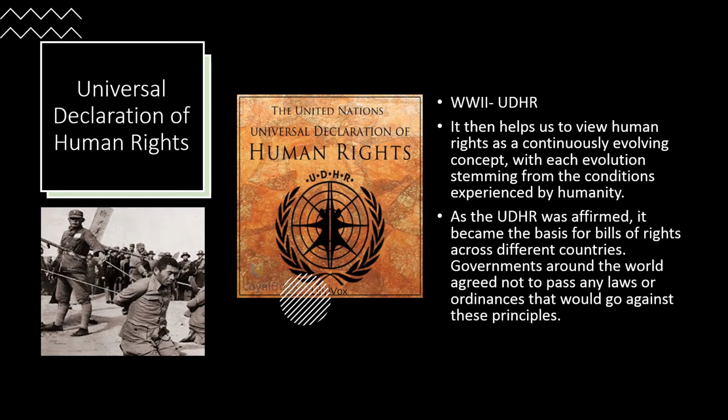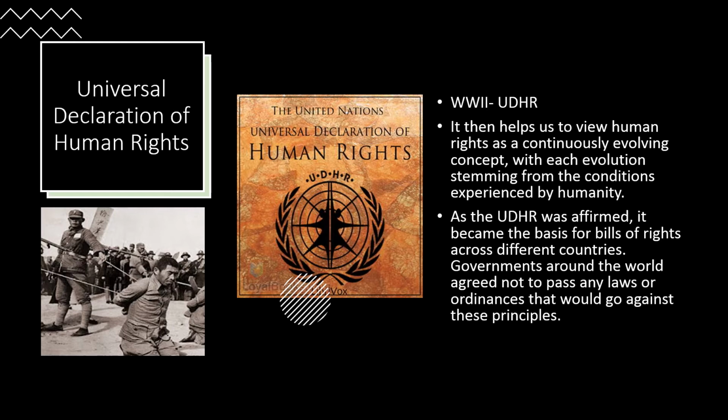So it then helps us to view human rights as a continuously evolving concept. Whatever it is that we would consider as a right now might be different in the future. If you look at the history that we've had, certain practices that were considered okay during that time are not okay now because we have recognized that it's not actually in keeping with the rights of an individual.